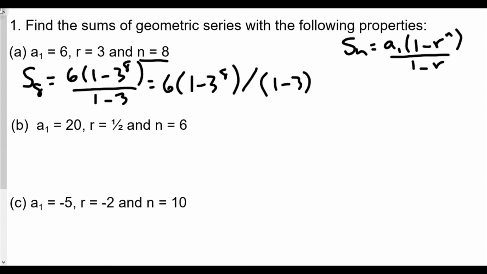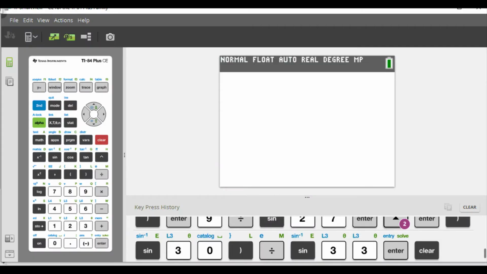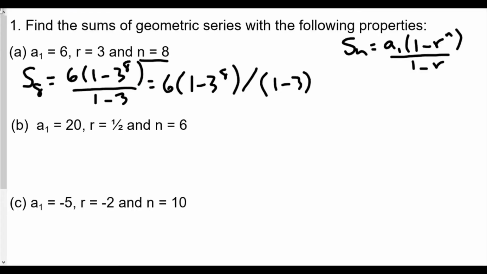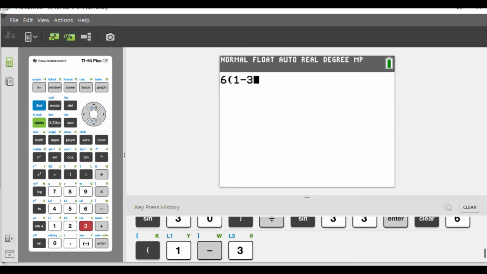Our numbers will get a little big, so we're definitely going to move over to our calculator here. So we have 6, open parenthesis, just like we did before, 1 minus 3 to the 8th power, close parenthesis.